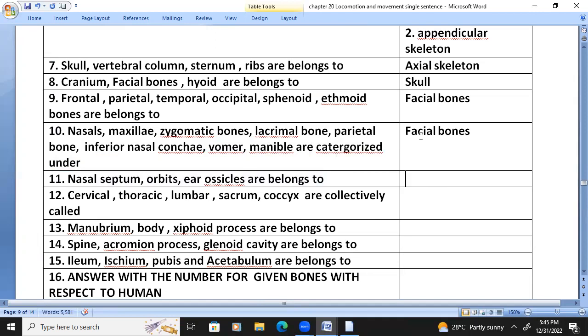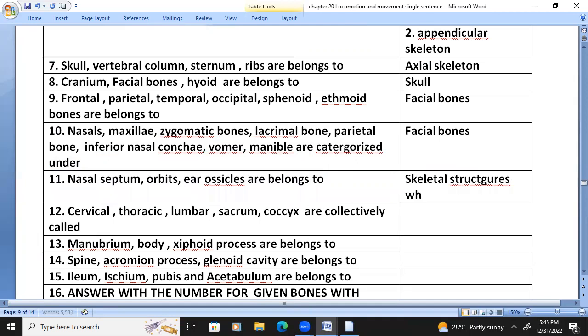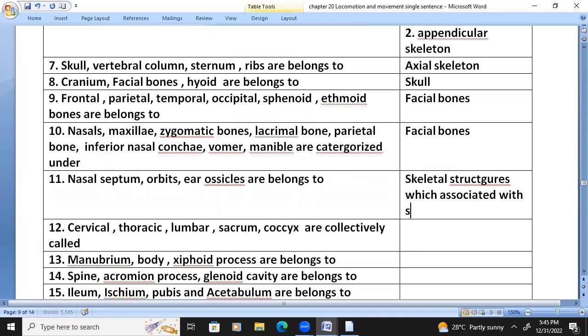Nasal septum, orbits, ear ossicles belong to skeletal structures which are associated with sense organs.